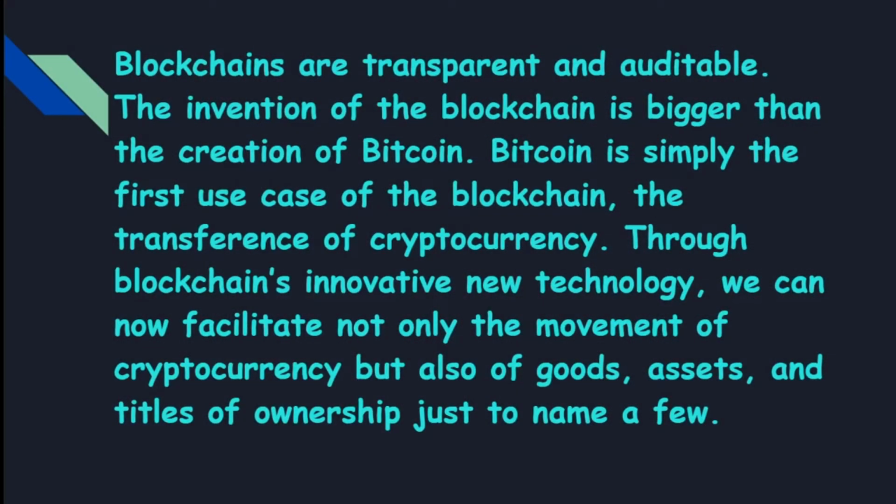The invention of the blockchain is bigger than the creation of Bitcoin. Bitcoin is simply the first use case of the blockchain, the transference of cryptocurrency. Through the blockchain's innovative new technology, we can now facilitate not only the movement of cryptocurrency, but also of goods, assets, and titles of ownership, just to name a few.